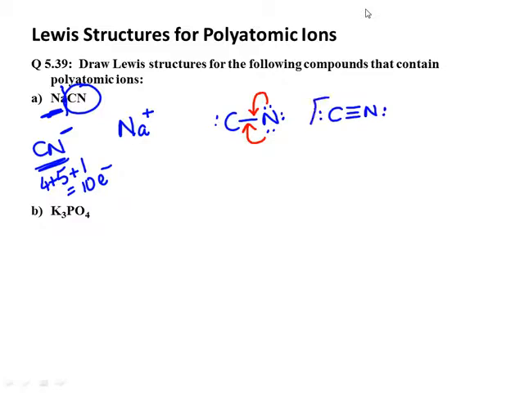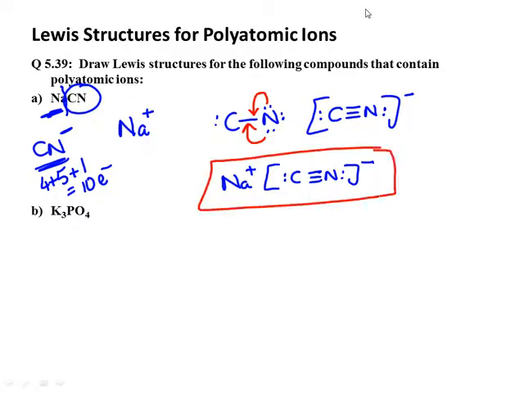And there is a negative charge for that ion. So when you're writing the Lewis structure for this compound, you must write it where the ionic connection is very clearly shown.